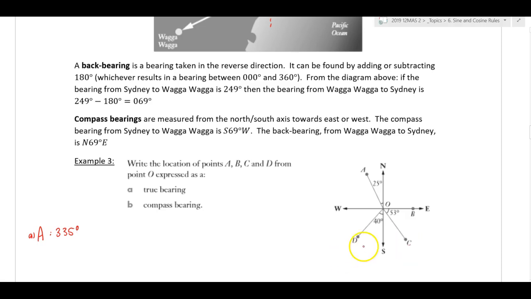For B, the true bearing from O to B: start at north, go around 90 degrees. So we'll say 090 degrees. C is 53 degrees more than 90, so 143 degrees.